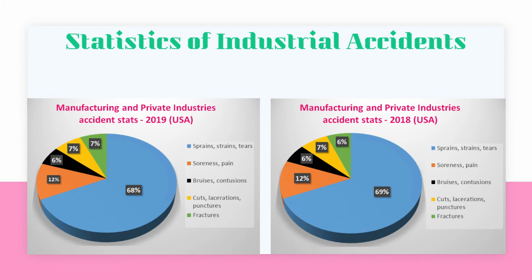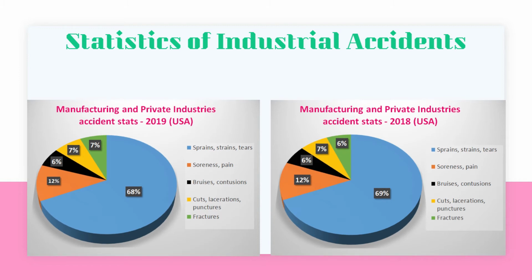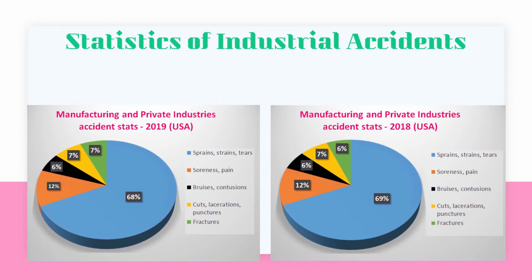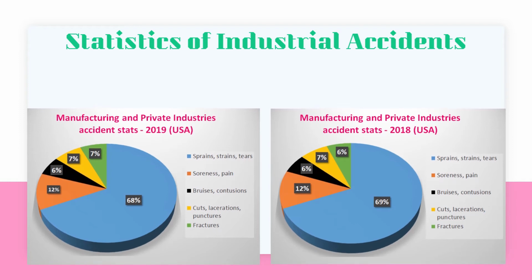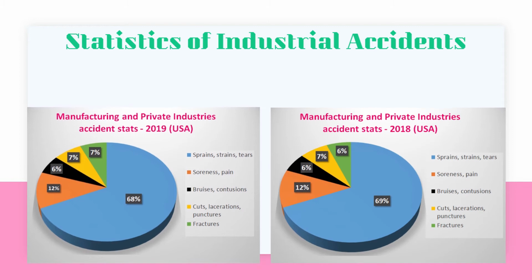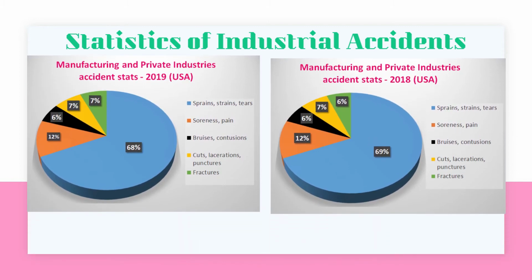If you see sprains, strains and tears, that is 68%, and others are within 7 to 12%. In the coming charts we will come to know why these accidents can be because of manual metal handling. For 2018, the stats are similar.